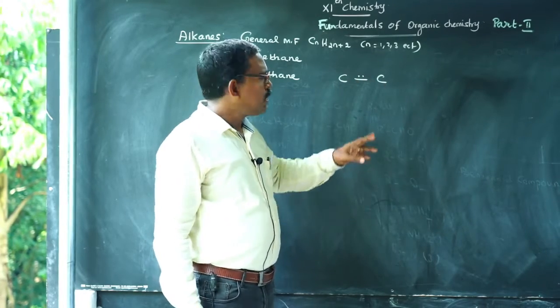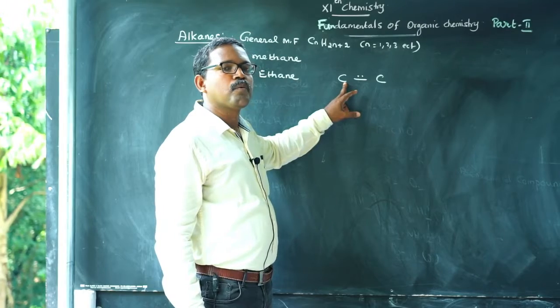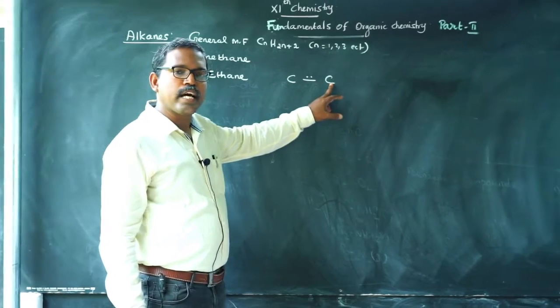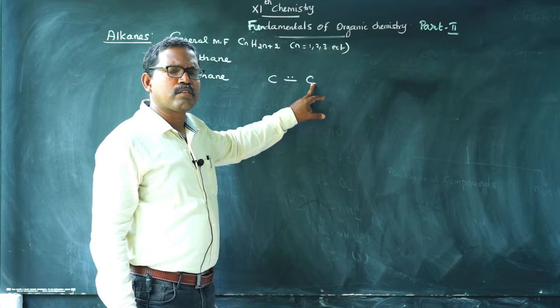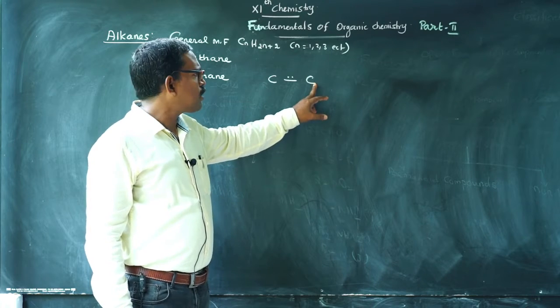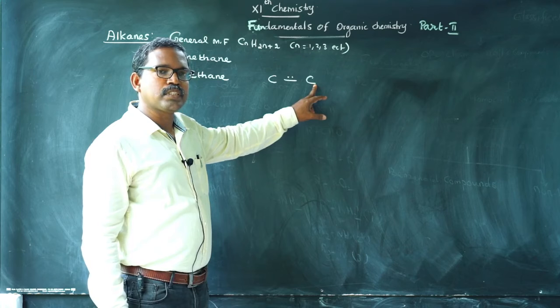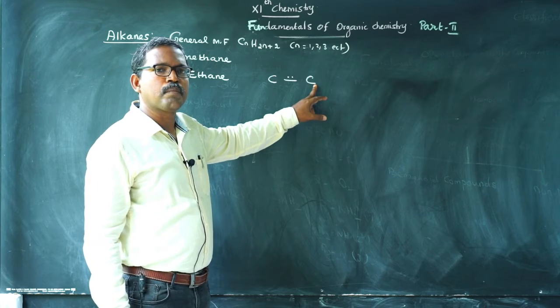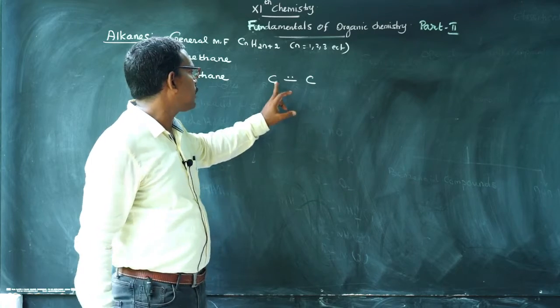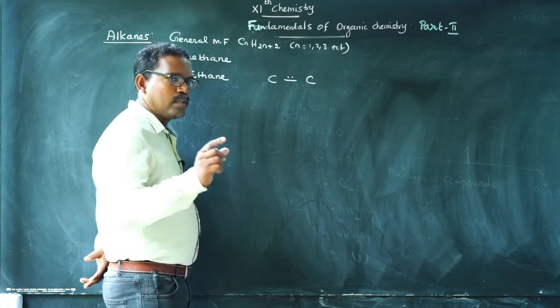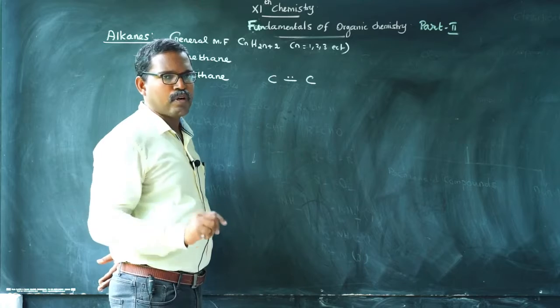That means this carbon has 1 electron, and this carbon carries another 1 electron. We know 1 electron is equivalent to 1 proton, that is hydrogen, which consists of only 1 electron. So the valency of carbon is 4.